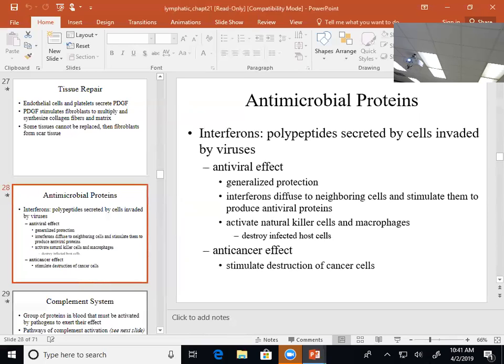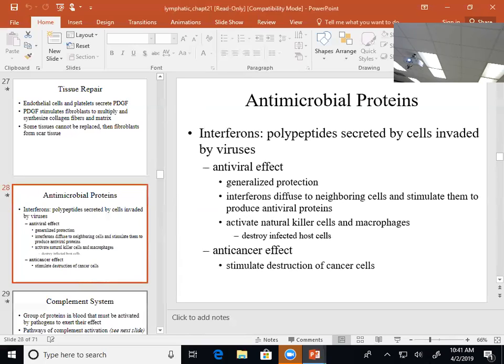Now, one of the reasons that you don't get sick and die from colds is that the cells that become invaded by viruses are very altruistic, in the best sense of the word. They're going to produce these interferons that protect neighboring cells. It's almost like houses in your neighborhood. Robbers come and rob one house.